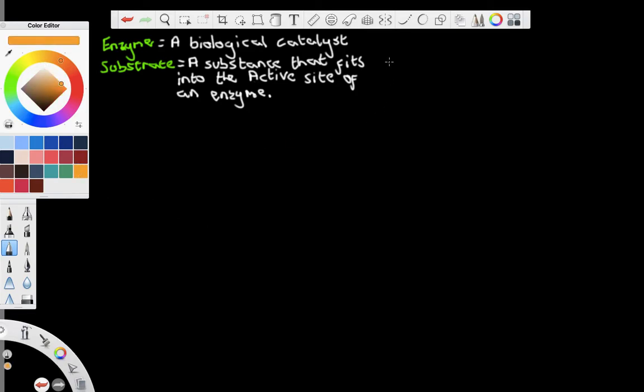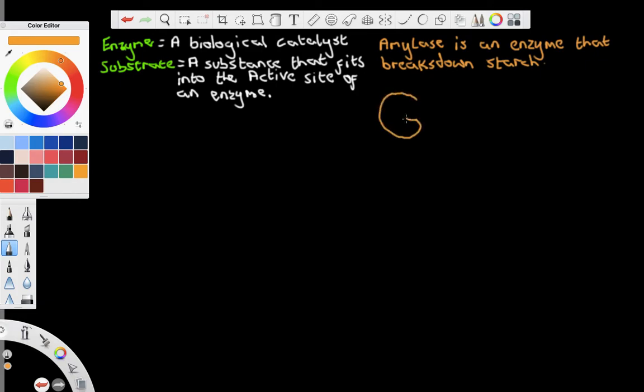Now, amylase is an enzyme that breaks down starch. Okay? So amylase is an enzyme that has an active site. So if this is my amylase enzyme, the substrate that amylase breaks down is starch.